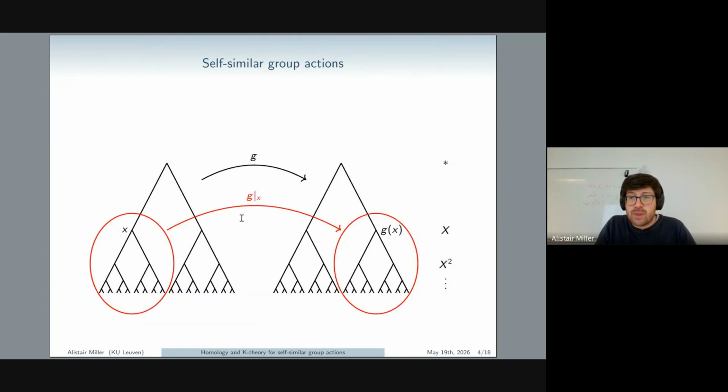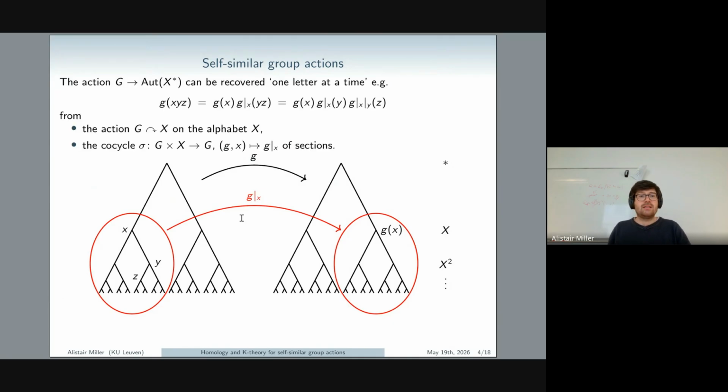What I want to point out is that this is determined one letter at a time. Suppose I have some word, x y z, and I want to figure out what my group element g is going to do to this word. First I act on the first letter, I get g of x.